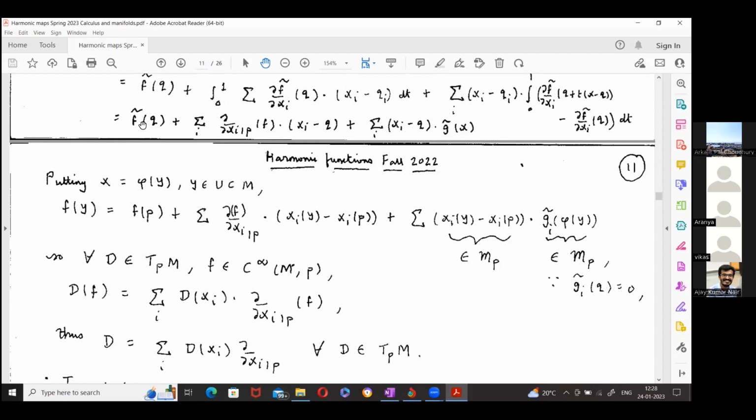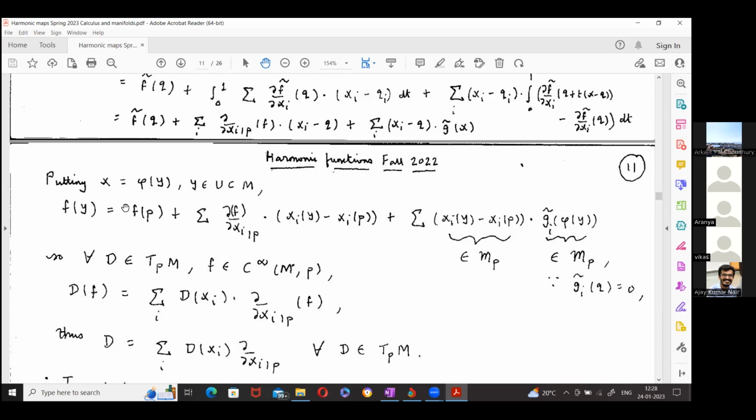So f̃ of Q is just f of P plus sum over i of ∂/∂xi at P applied to f, into this xi becomes xi of y minus this qi becomes xi of P. So you get xi(y) minus xi(P), plus the sum. Now I have xi minus qi here. This is xi(y) minus xi(P) into g̃i of φ of y, right? x is equal to φ of y. Okay.